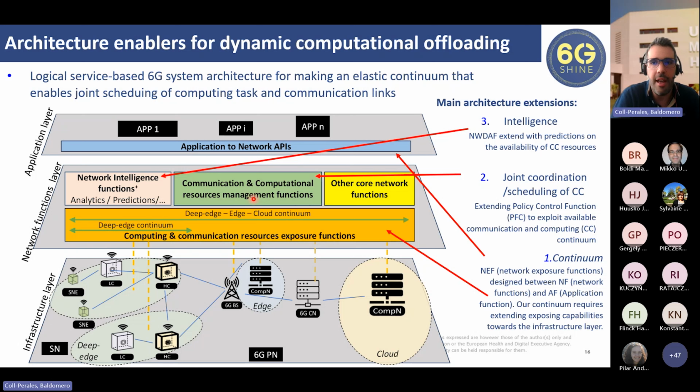And finally, the third identified area is related to the network intelligent functions, where we foresee that extending them with predictions on the availability of computing and communication resources could be utilized by the policy control functions to make more advanced decisions on how to do this joint computing and communication scheduling based not only on the currently available resources, but also on the knowledge of the predicted ones.